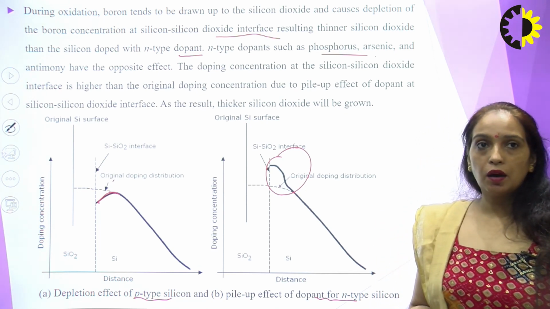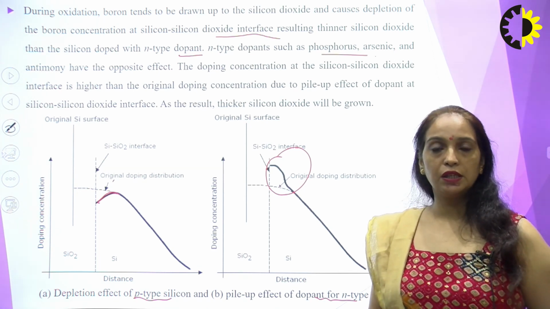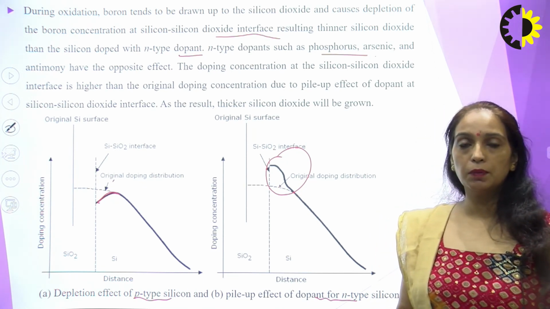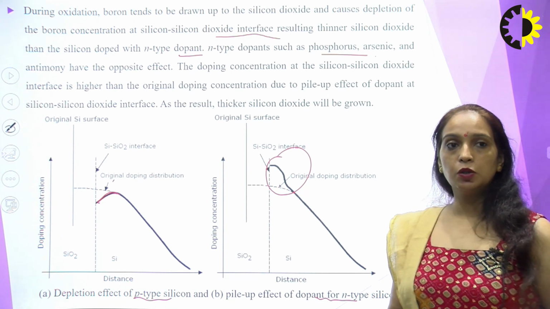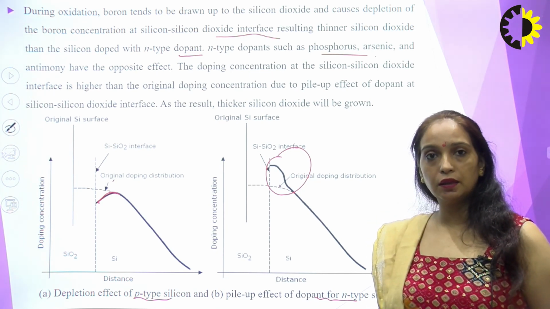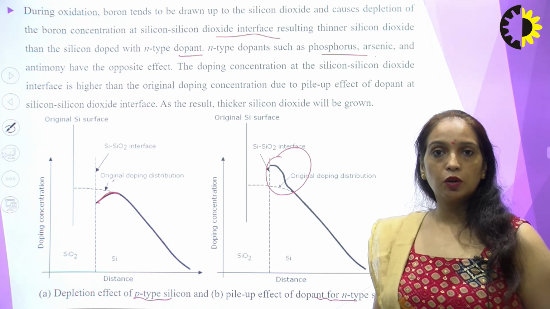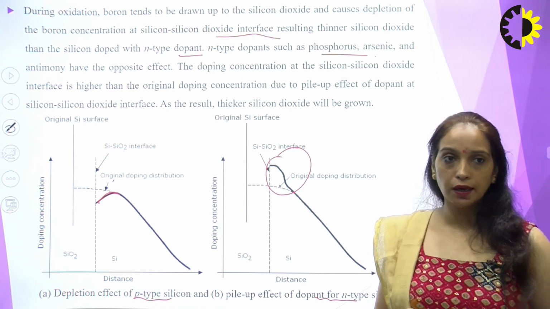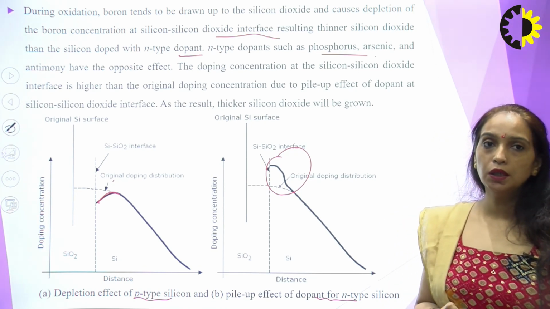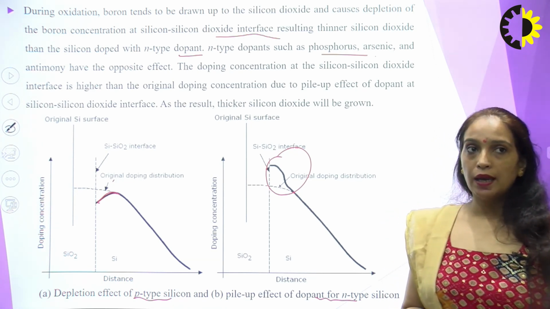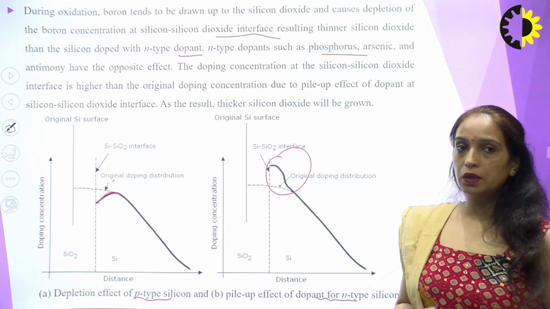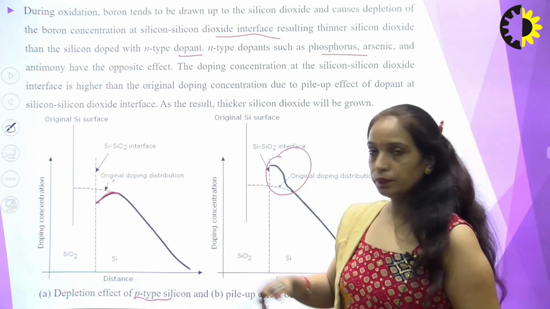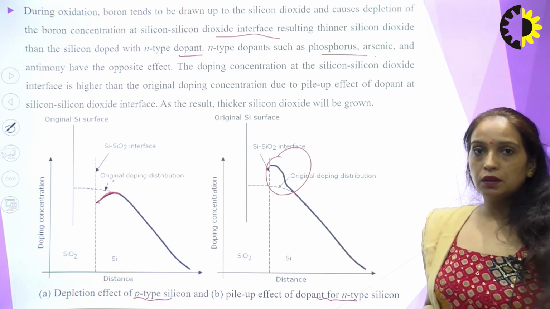And secondly, how the orientation affects the growth rate, how the wet and dry oxidation is taking place, and which one is used to grow the thicker oxide and thinner oxides. So, out of dry oxidation and wet oxidation, wet is used to grow the thick oxide and dry is used to grow the thin oxide layer. And lastly, what is the effect of impurities and the substrate on the oxide layer growth.